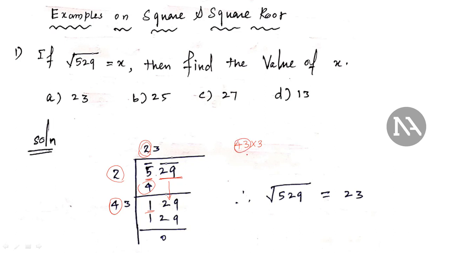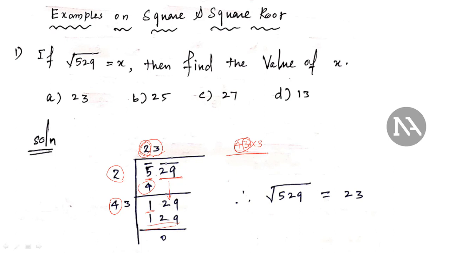In this case it is 43 into 3. So 3 is matching that condition. So 43 into 3 will give you 129. So 23 is the answer from the division method.